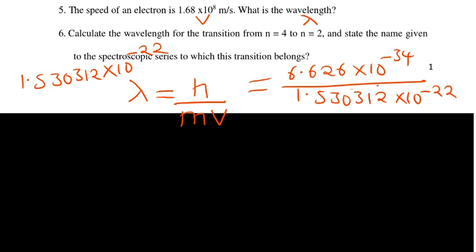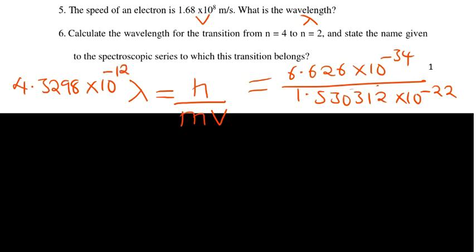So you divide that into Planck's constant. 6.626 times 10 to the power negative 34 divided by that. The final answer, which represents the wavelength, is 4.3298 times 10 to the power negative 12.